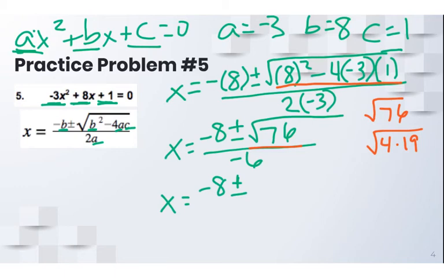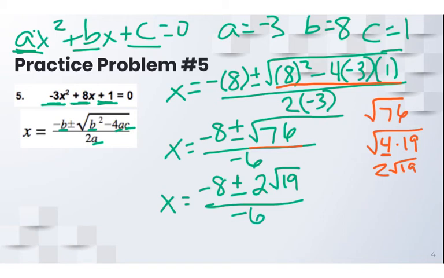And I chose that because 4 is a perfect square. So the square root of 4 is 2, and I leave the 19 inside because that's a prime number. So I could simplify this into 2 square root 19 divided by negative 6. So you could leave it like that.